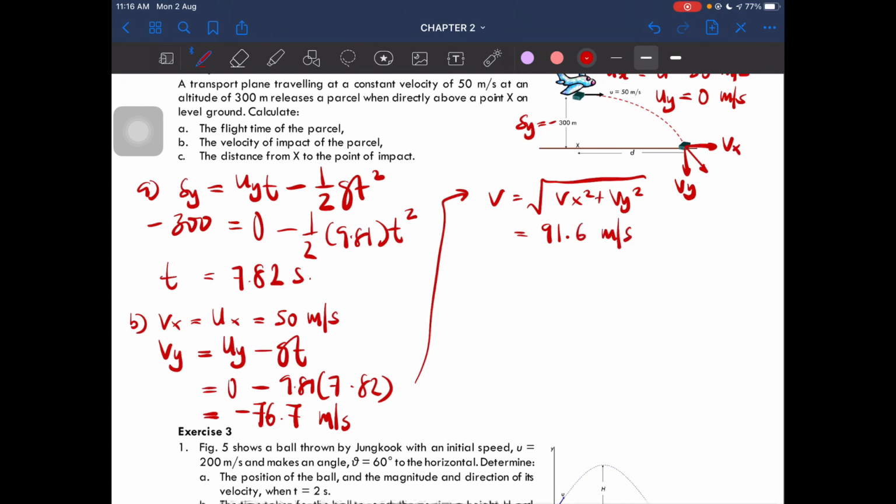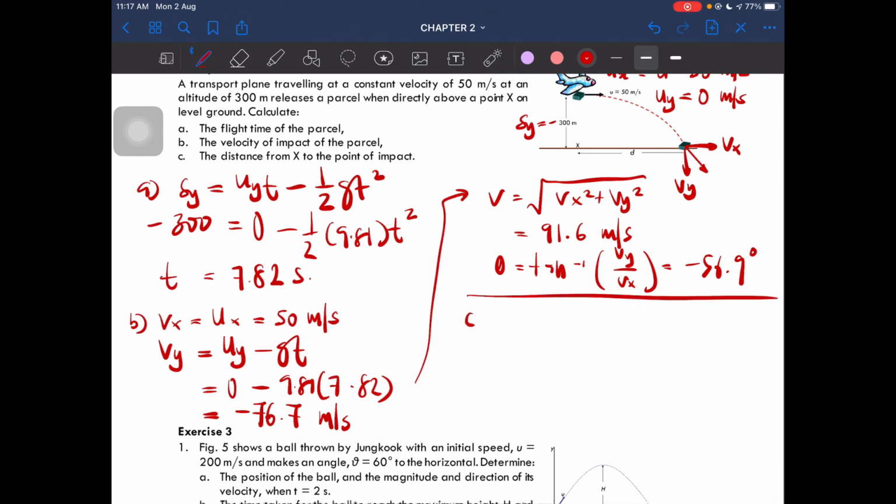Okay, so the velocity is a vector, so we have to have the magnitude as well as the direction. So direction is shift tangent vy over vx. Substitute that, you'll get negative 56.9 degree.